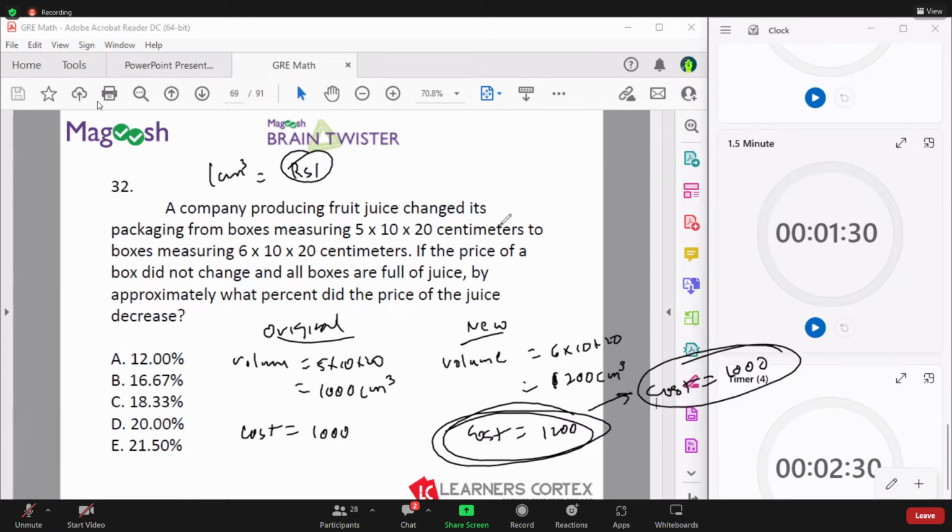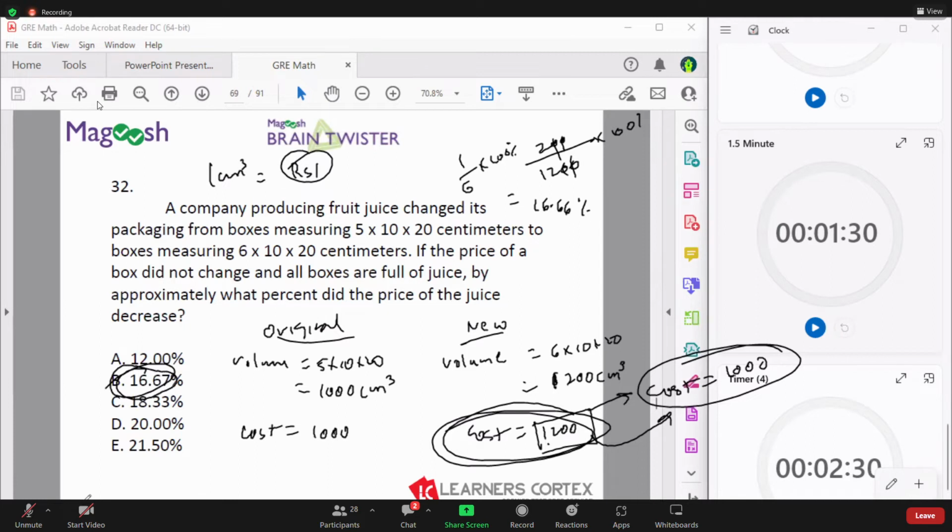So basically we can also say that the price changed from 1200 to 1000. So the change is 200 from 1200, and over 100%, this becomes 1 over 6 times 100%, or basically 16.66%. So option B would be the answer.